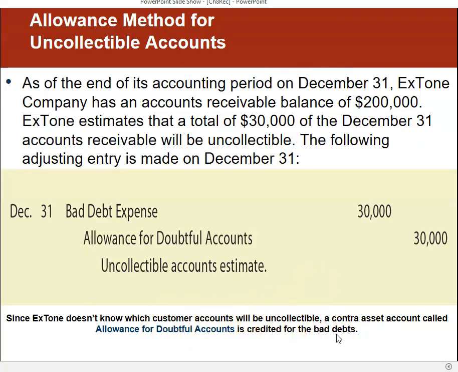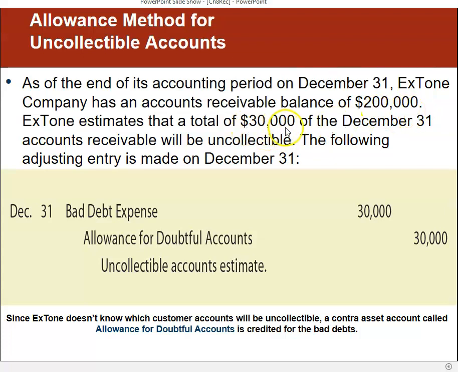So what this is doing is adjusting the true value of our accounts receivable. Essentially, we're saying accounts receivable is $200,000, but we're going to offset that with this $30,000 estimate. The $200,000 is not an estimate. These are real accounts receivable.